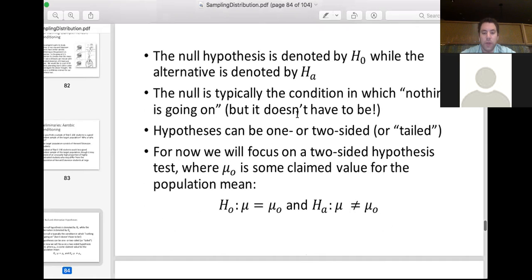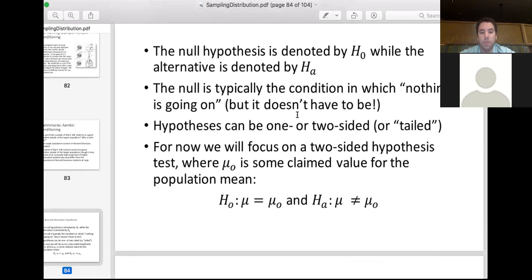For now, we'll focus on a two-sided hypothesis test where the null hypothesis is some claimed value for the population mean. We could say that the null hypothesis will be that the sample mean is equal to the population mean, and the alternate hypothesis will be that they're different.